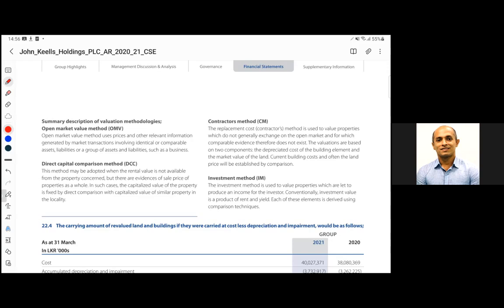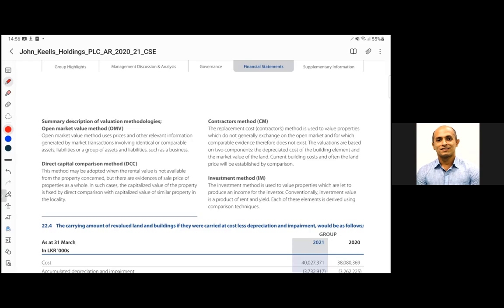Now you can apply the same to a selected company. In a UK context, UK companies apply the country's own standard.